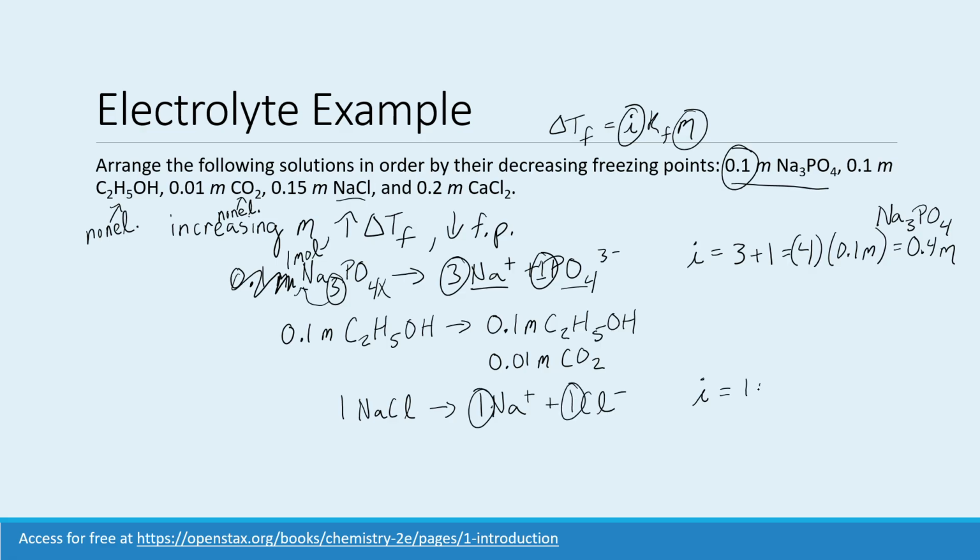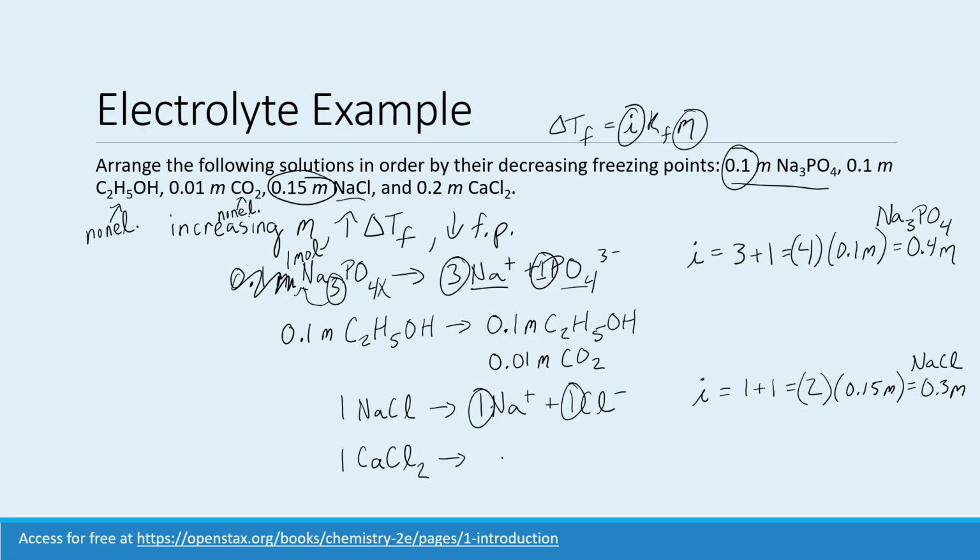And so the Van't Hoff factor here ideally is going to be 1 plus 1 for each of our ions, for a total of 2. And then we multiply that by the molality of that compound, 0.15, and so we get 0.3 molality for sodium chloride.